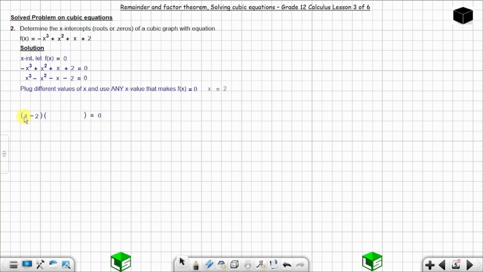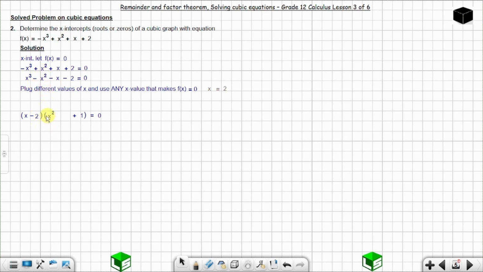So x times what will give me x cubed? x times x squared will give me x cubed. Negative 2 times what will give me negative 2? Negative 2 times plus 1. Now I need the middle term. I'm going to look at the one with x squared, negative 1x squared.